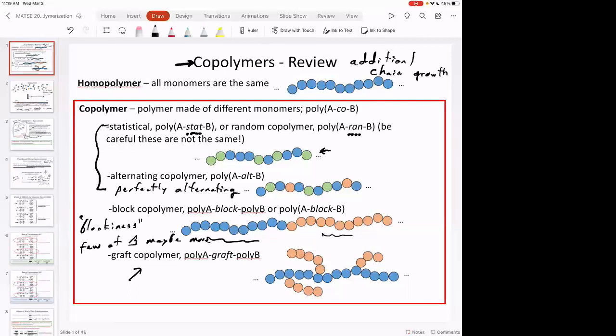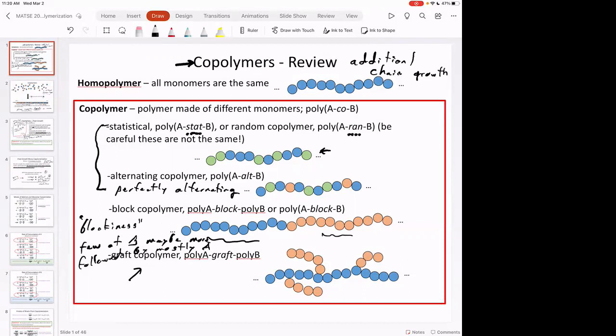A couple of B, many of B, followed by mostly A. And so when I refer to a blocky type copolymer, it means we've got a run of B, followed by a run of A, probably maybe by another run of B, and another run of A. Officially, that's called a segmented copolymer, but let's not talk about that right now. It's just a blocky type copolymer.